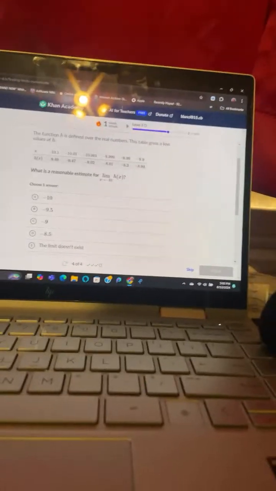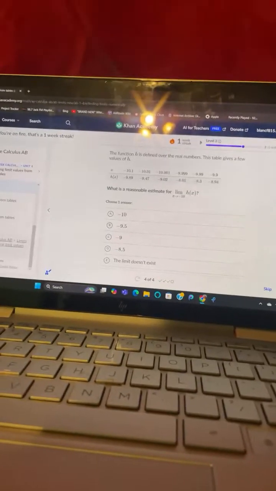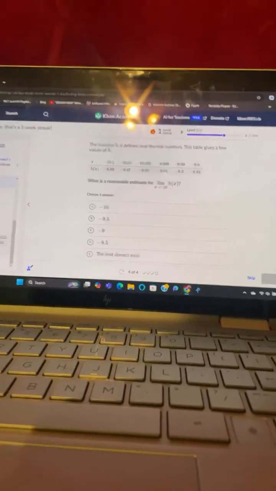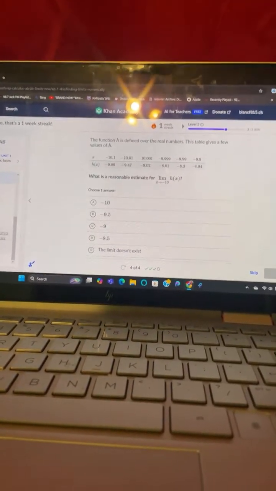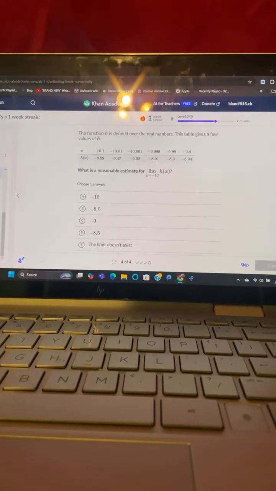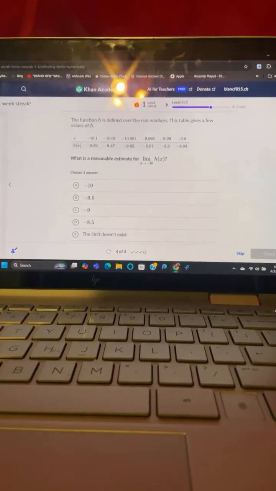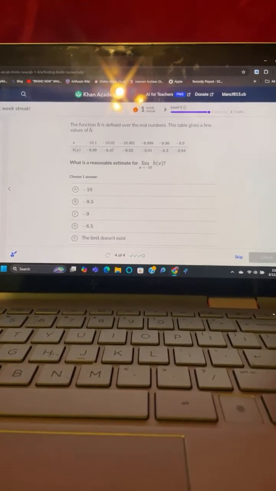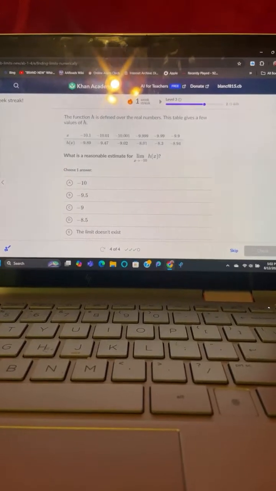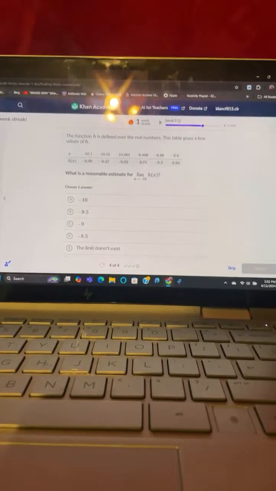What is a reasonable estimate for this? 9.2. Looks like it's decreasing.